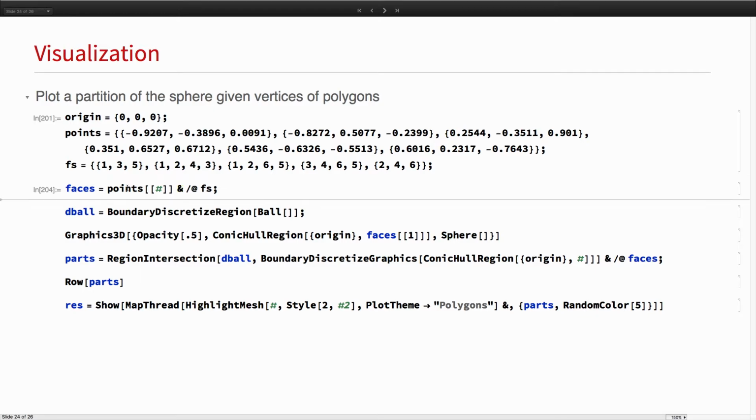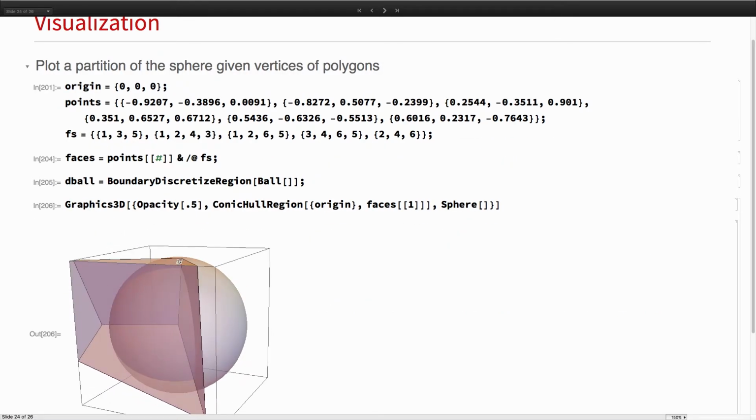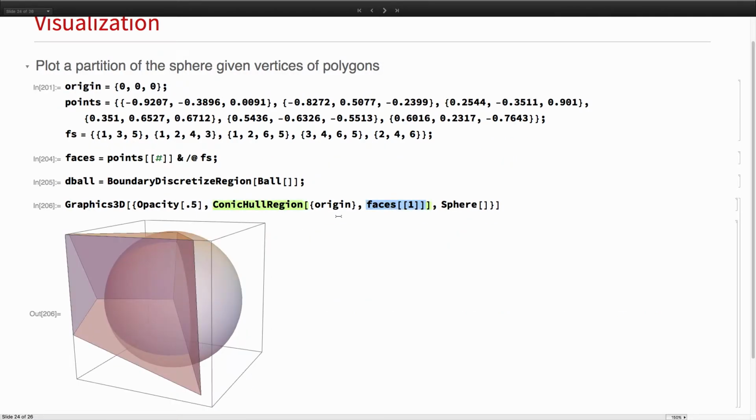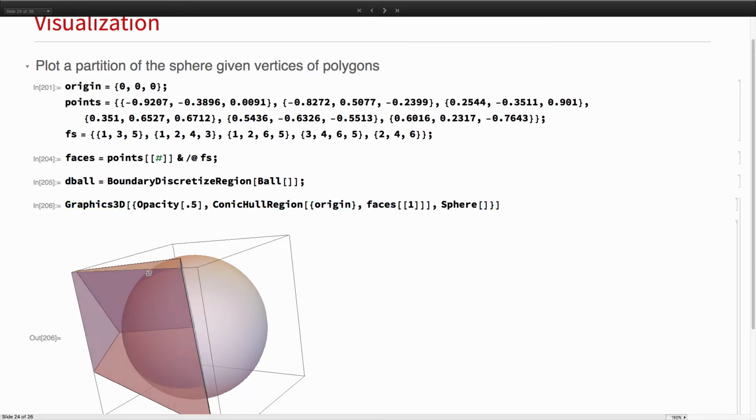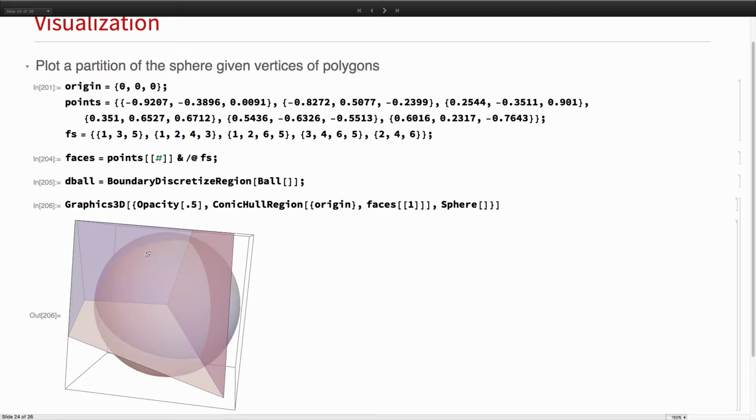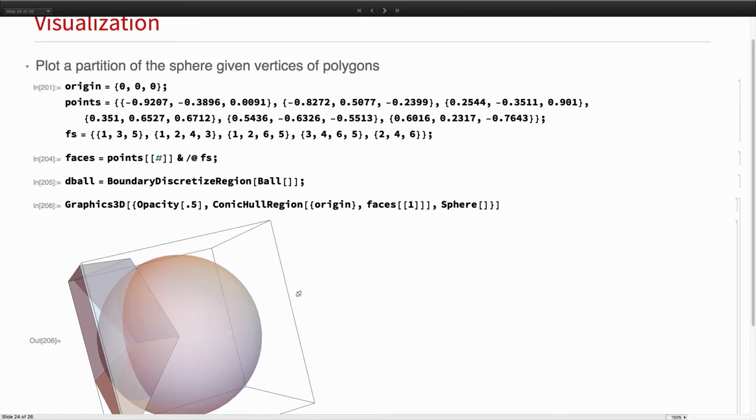How can we partition the ball with the given sections? For example, this one is just one face. For that face, I define a cone passing through each face. So what you see here is one partition, and the other faces also define other partitions.